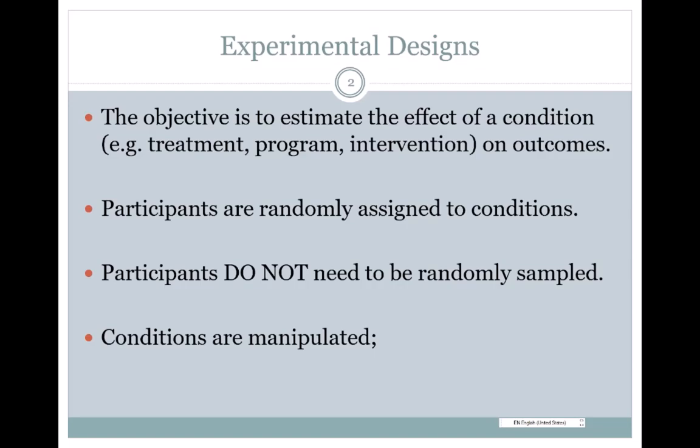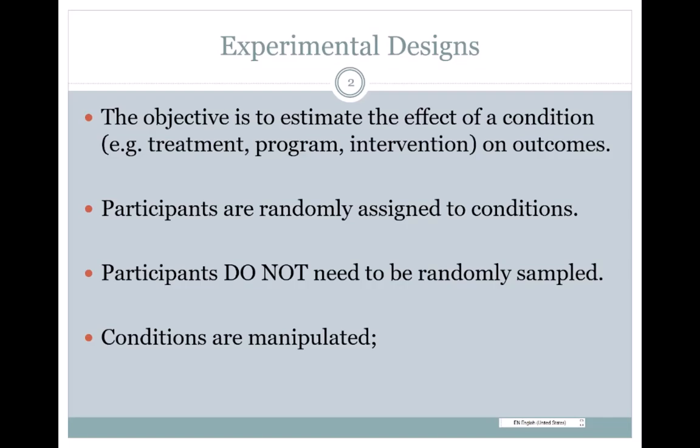You can, for example, do an experimental design with undergraduate students that sign up because you posted a flyer. So random sampling does not affect the validity of experimental designs as long as participants are randomly assigned to conditions.